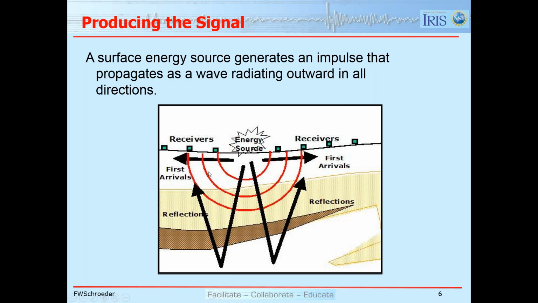The red lines show how the energy spreads out spherically, and the black arrows are ray paths. The energy from the explosion, the seismic shot, will go out along the surface horizontally, but it will also go down, hit an interface, and part will be recorded.